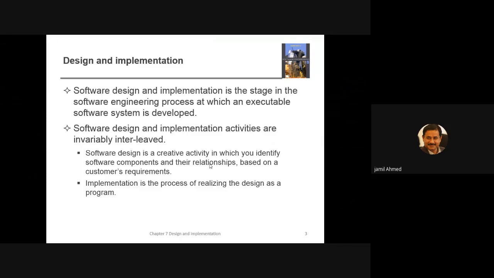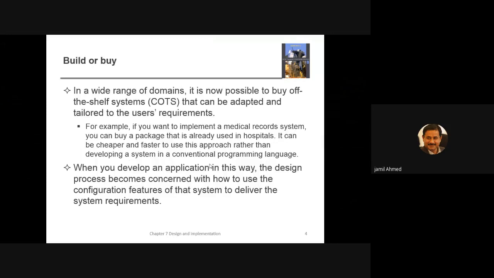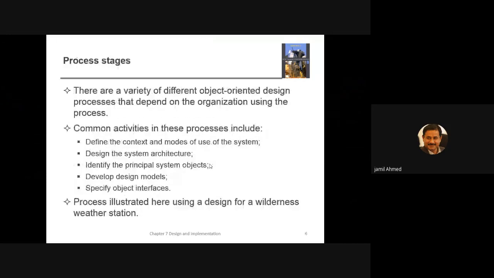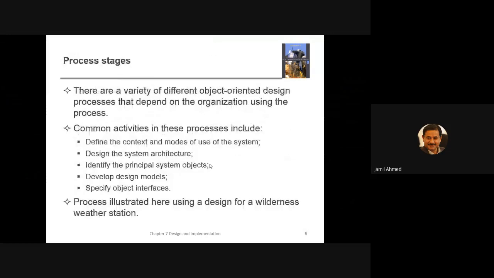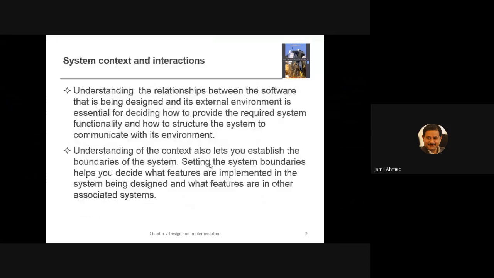So the basic thing is we have to understand the customer requirement and represent it graphically. For this graphical representation, some sort of UML is required. Unified Modeling Language gives us lots of advantages. These things have been discussed in class: the system context and the interactions are to be done by us.